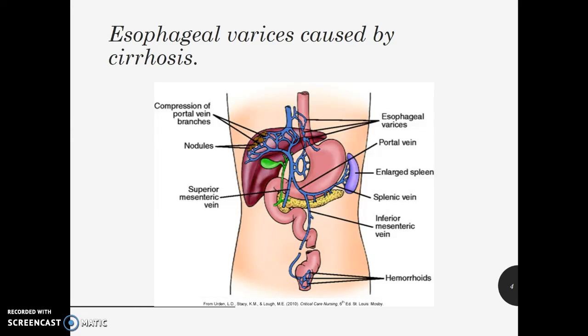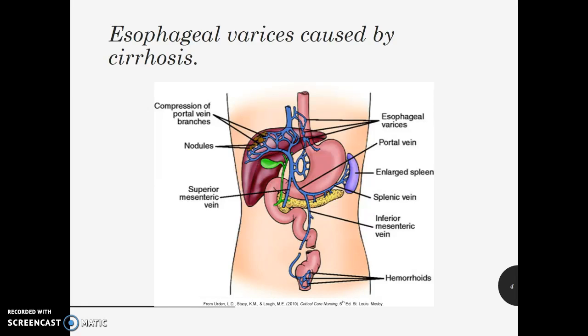Esophageal varices that are caused by cirrhosis are one key indication. You see the typical alcoholic that has cirrhosis that will show up at the emergency room coughing up or vomiting up blood. And I'm going to show you a picture of that so that you can see that in more detail.